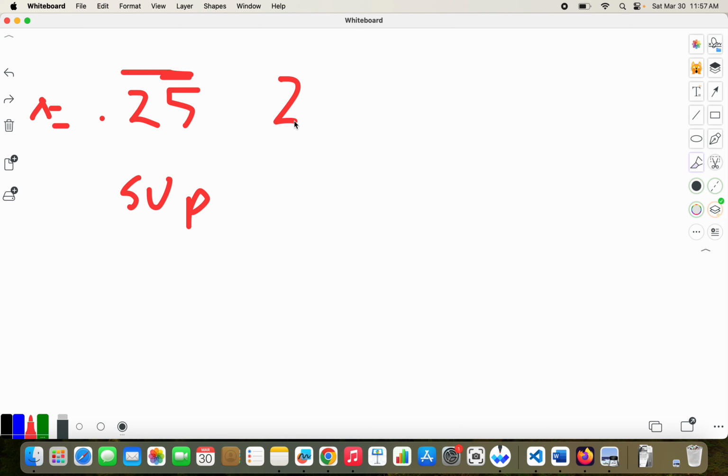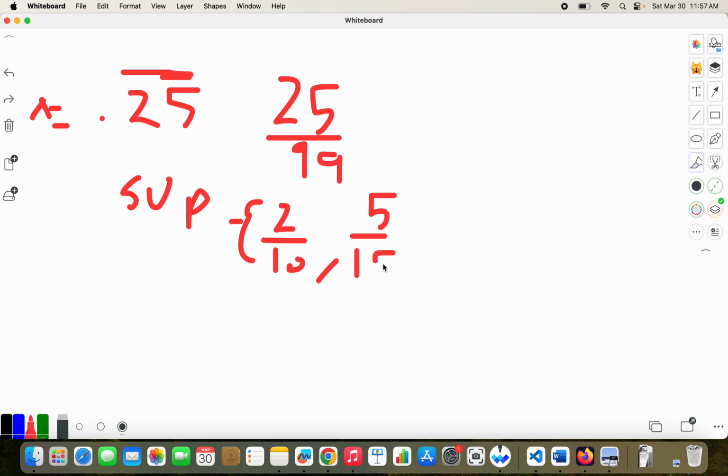We know this x equals 25 over 99. And the sup of 2 over 10, 5 over 100, and since this is repeating, we do 2 over 1,000, and 5 over 10,000 going on. It's basically just like the decimal form. Then the sup equals 25 over 99. Very interesting.